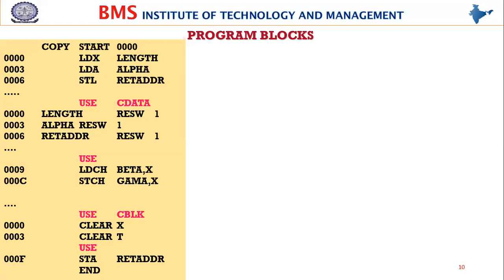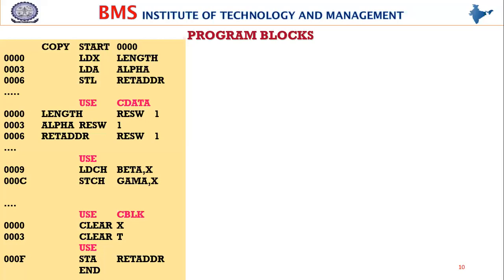If you want additional blocks, the user should use the assembler directive USE and specify the block. If no USE directive is present in your program, the entire program will be in a single block. So it is up to you to partition the program logically into program blocks.